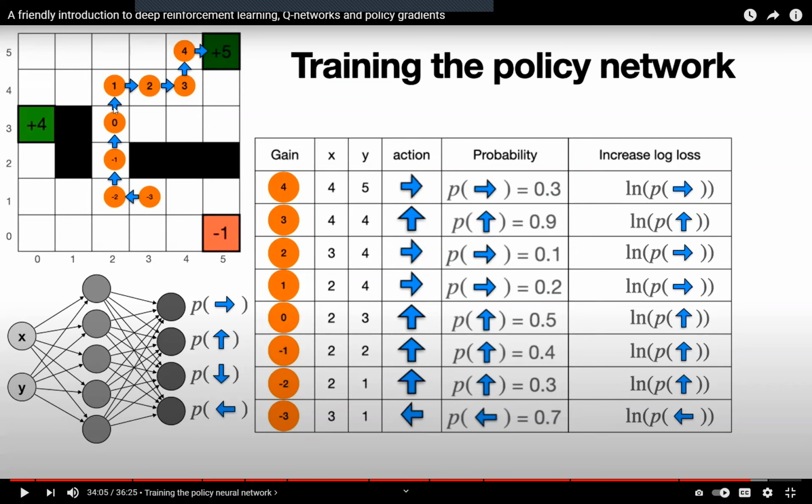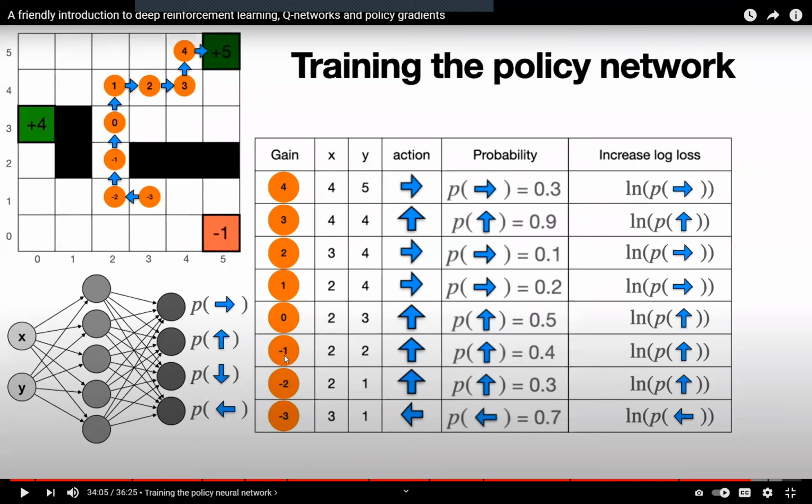In this case, the return is computed like this: 4, 3, 2, 1, 0, -1, and so on, because every step has a cost of -1. For the positive gain steps, you push up the probability of the action taken in that step. So increase the log loss to increase the probability of that particular action in the episode.